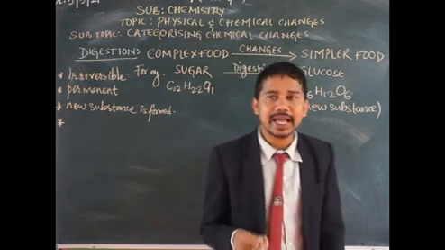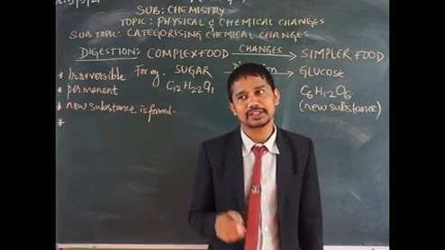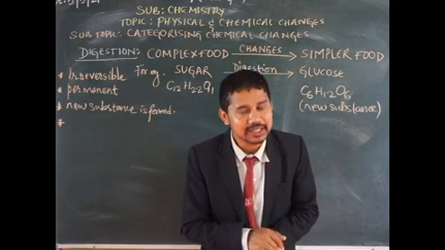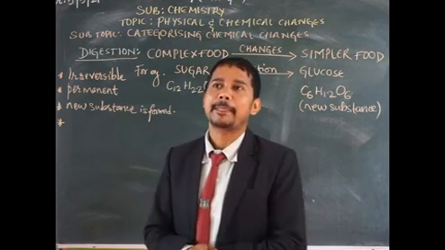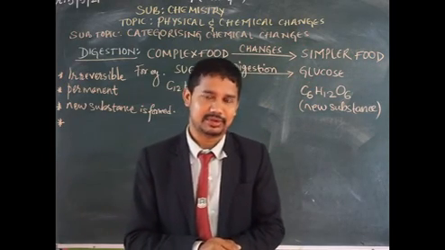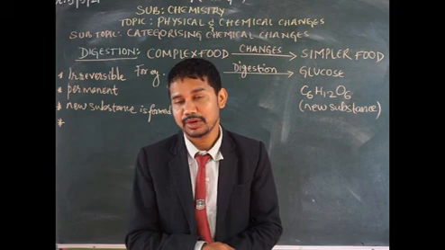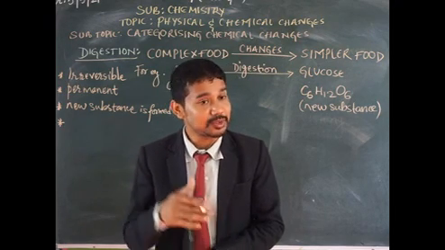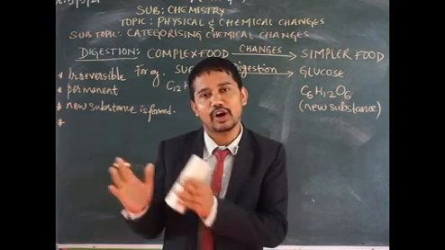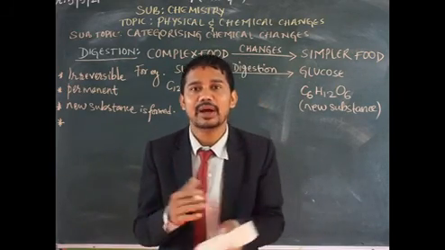Another thing: during digestion, is heat absorbed or released? During digestion, we need energy. You can see that for doing any sort of work at home, like cutting vegetables, you need energy. That means you have to give energy. Similarly, to break complex food into simpler food, energy is required.